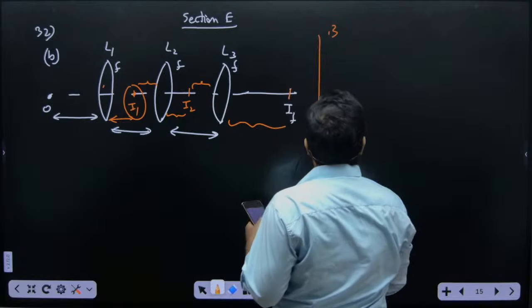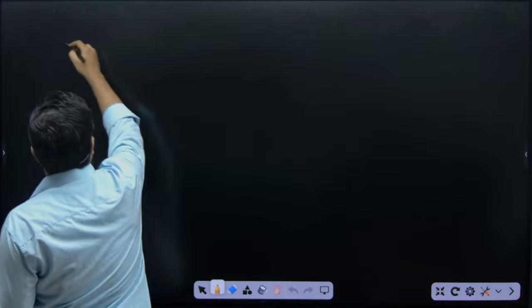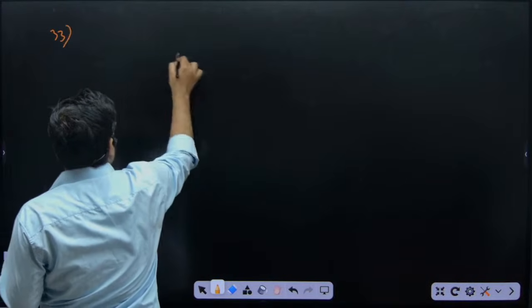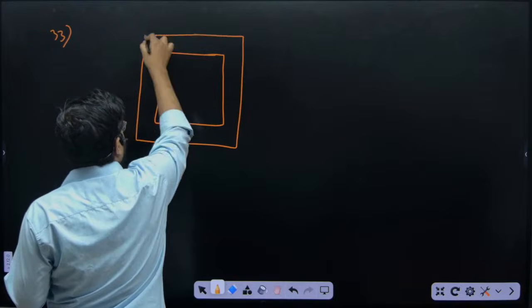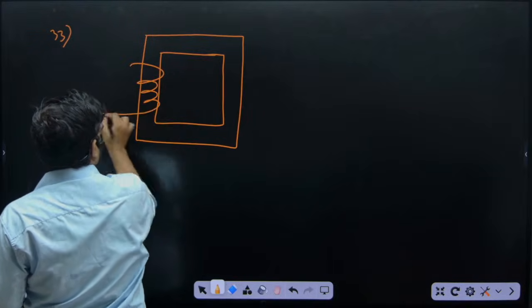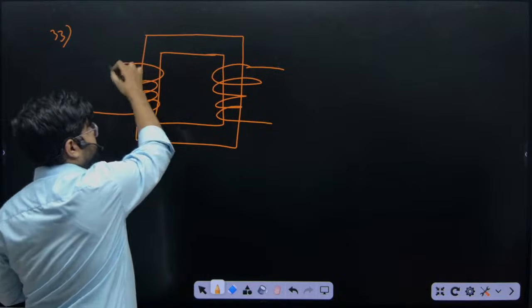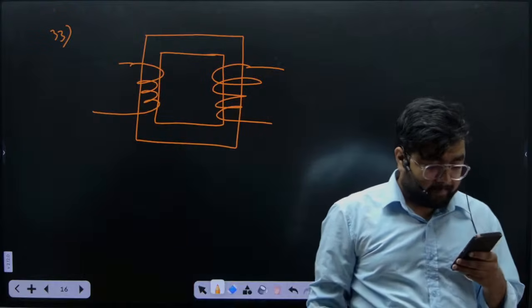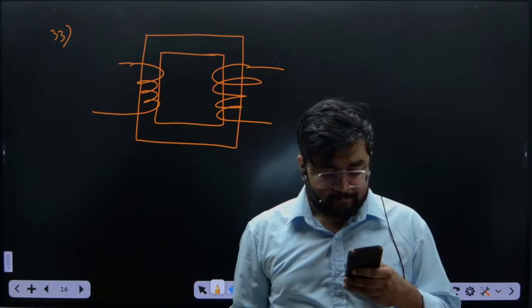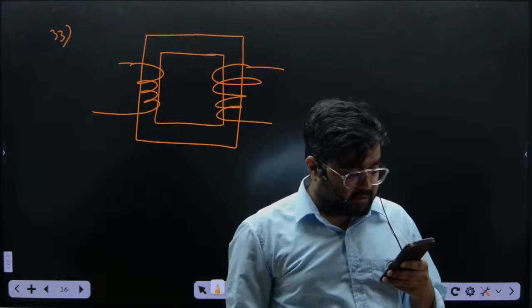Let me do it in another sheet. So transformer, we do know this. You just have to label it: core, primary winding, secondary winding, number of turns, all those things. Draw a labelled diagram of a step-up transformer and state the principle on which it works.